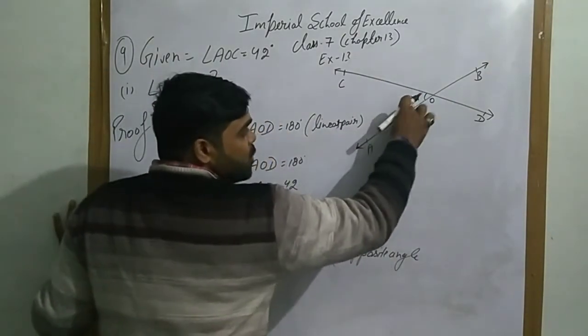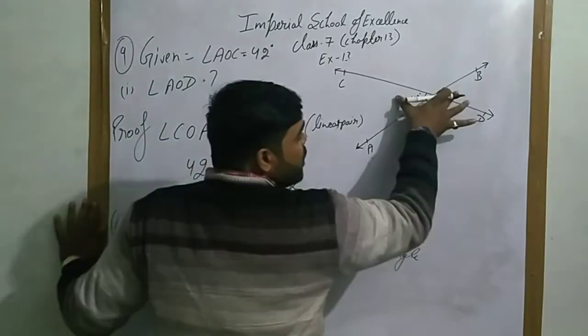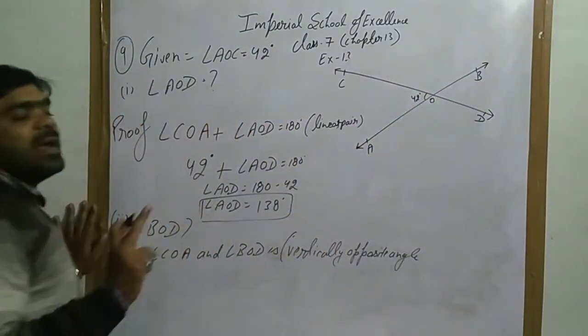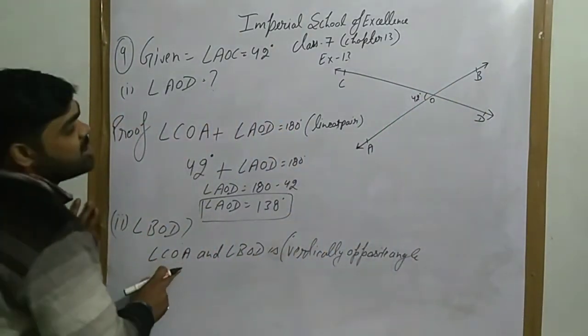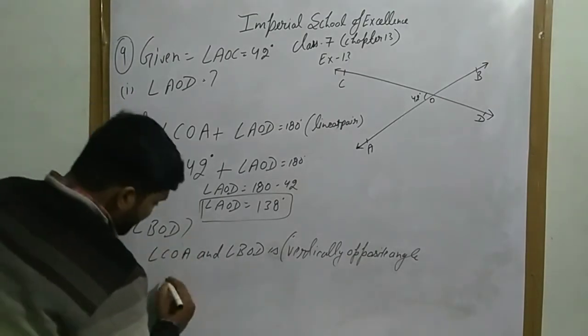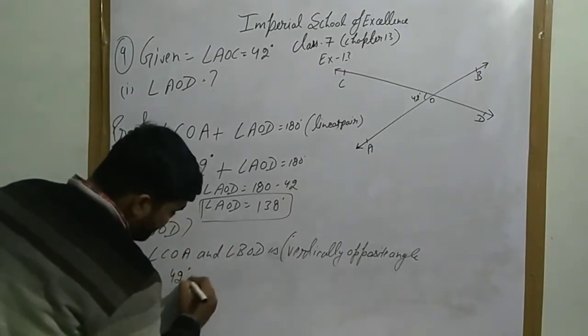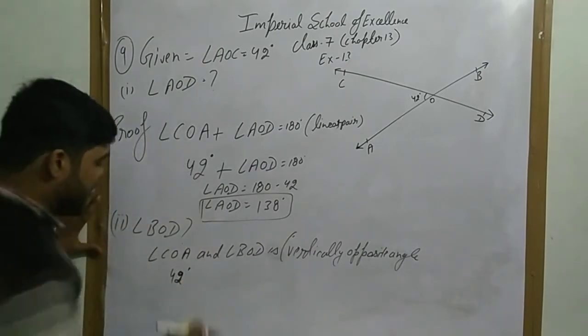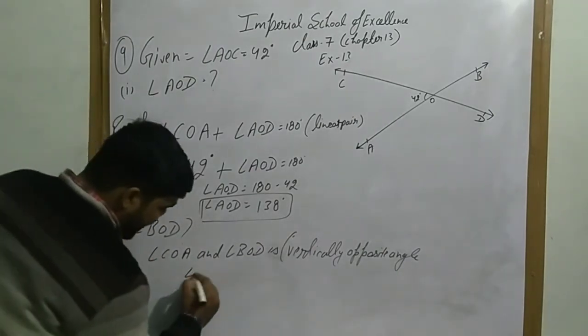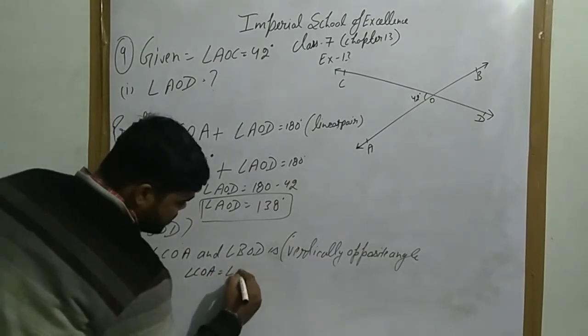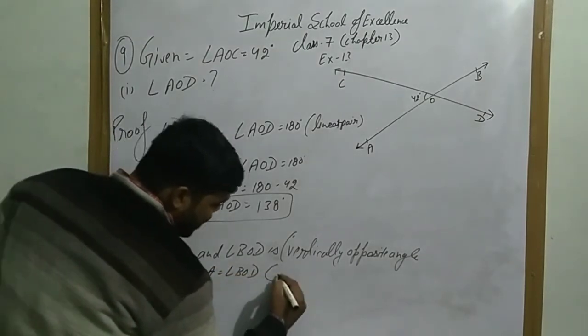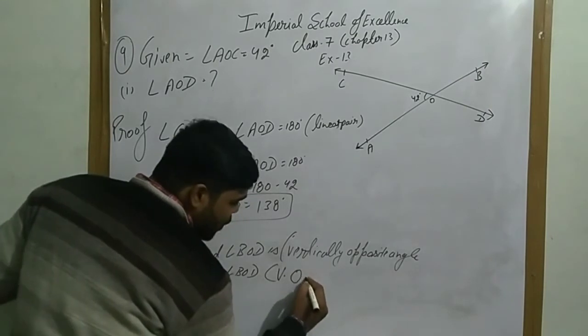COA is 42 degrees, and angle BOD, both of them are vertically opposite angles. So COA is given to you, it is 42 degrees. So angle COA equals angle BOD because of vertically opposite angles.